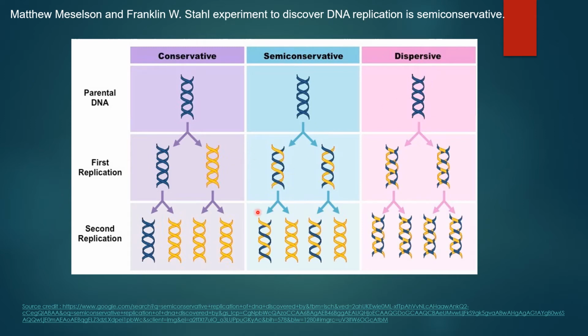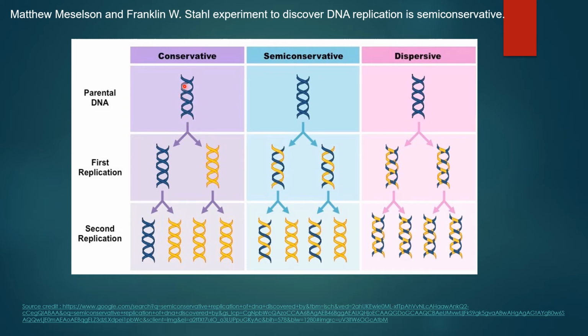This image I have taken from the link given below. If you want to see, you can click on this link and get this image. See what this image shows. If the DNA replication is conservative, what will happen?